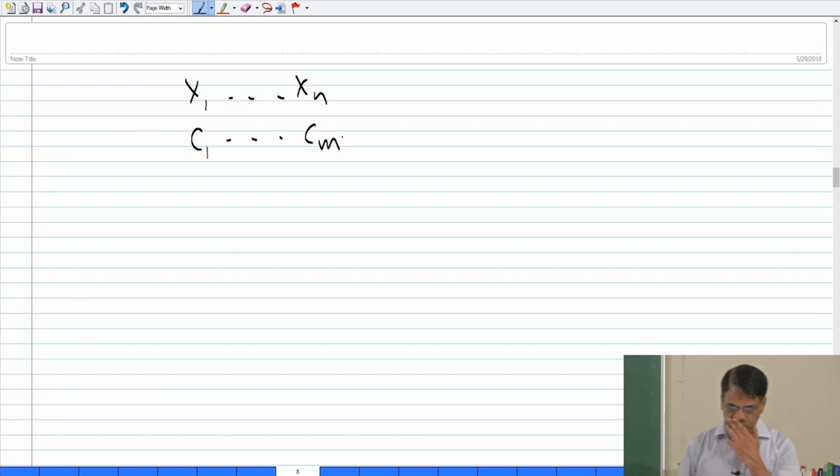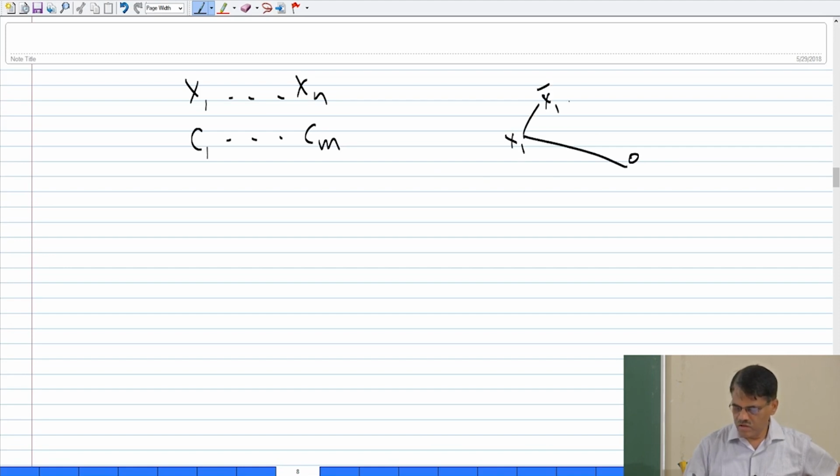Okay, so the construction goes like this. You're given a formula. We're going to have a vertex for x1, x1 bar, x2, x2 bar.